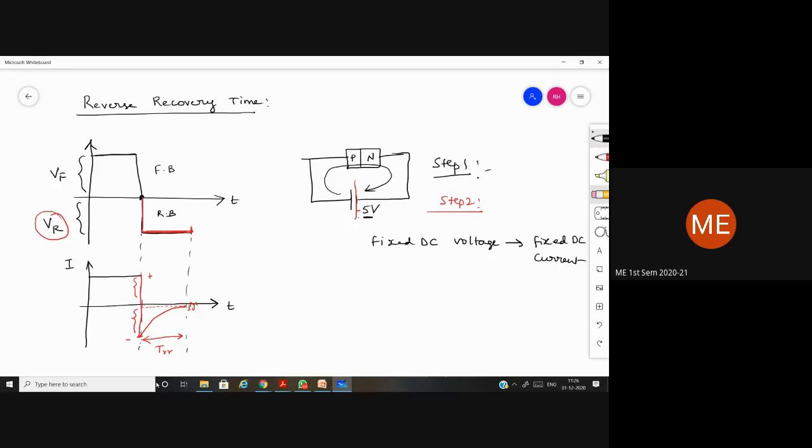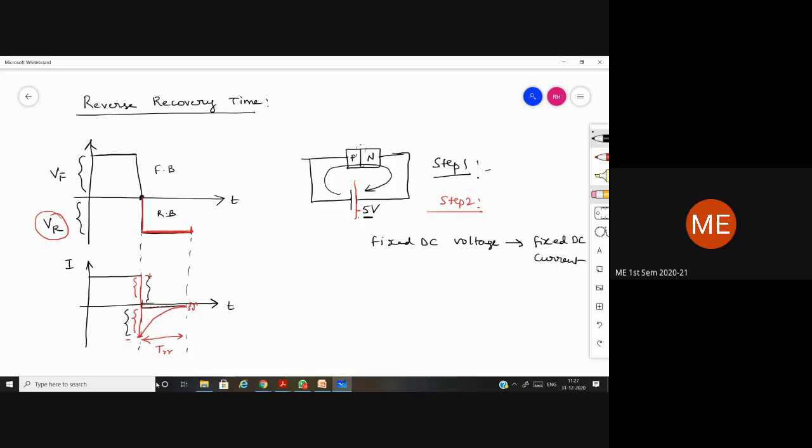Theoretically speaking, it should be zero, or a small reverse saturation current will flow because of the electrons stuck in the junction under forward bias condition. But practically, when you suddenly reverse bias, it will have the same amount of current. Whatever you have here, the same amount of current will flow in the opposite direction, and slowly it will decrease to this minimum level.